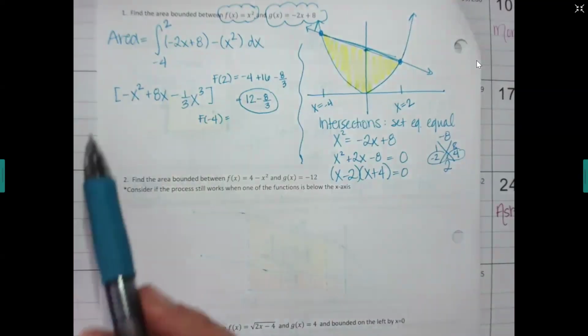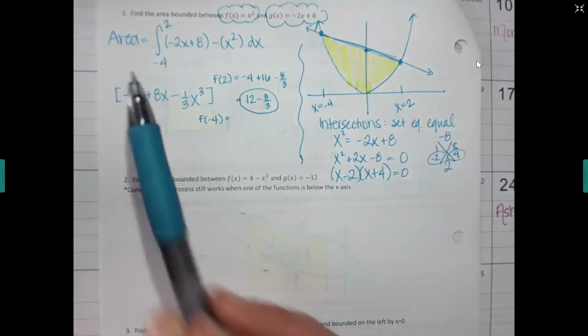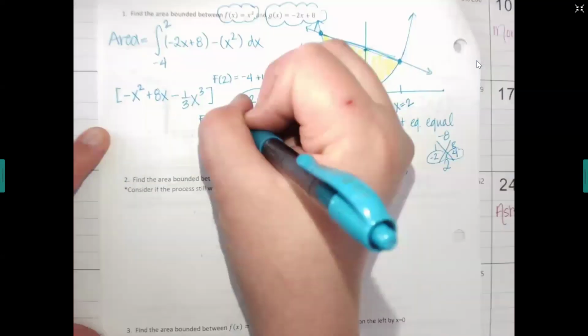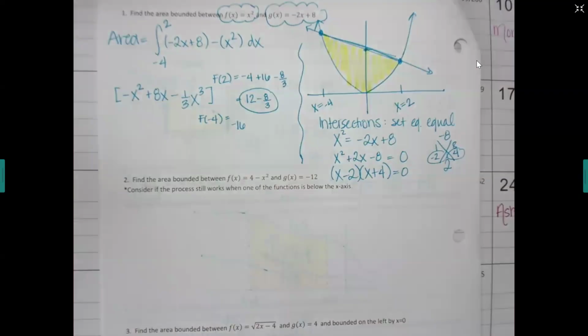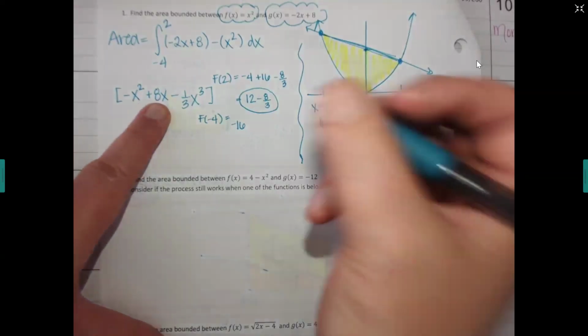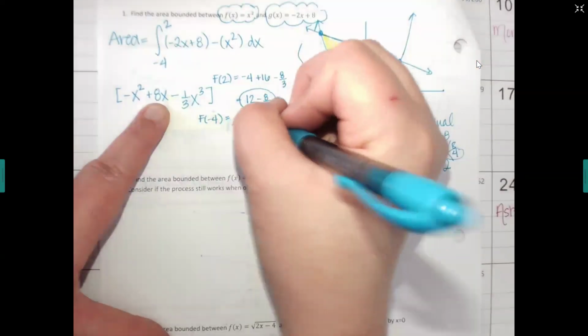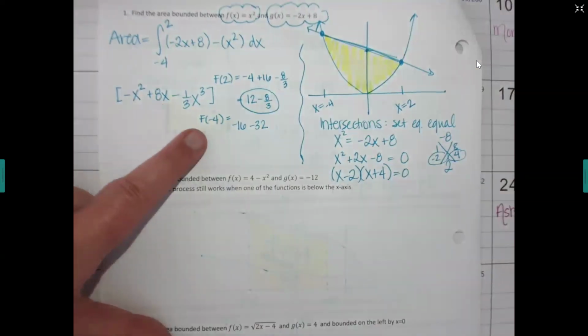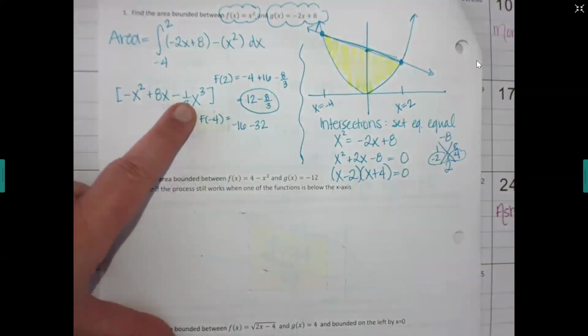-4 next. What's -4 squared? 16. But then it's going to go down as a -16 because even though when I square it, the negative goes away, I have a negative also in front of that. Then -4 times 8, -32. -4 cubed is 64, negative.